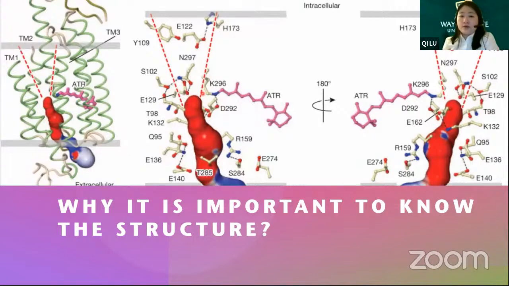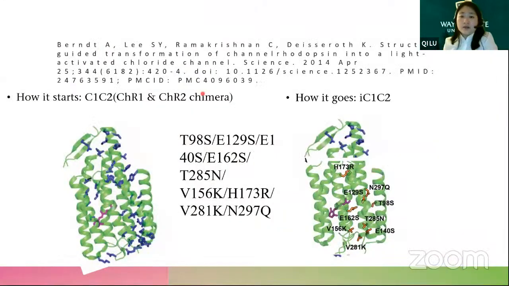Then why is it so important to know the molecular structure of channelrhodopsin? That's because if we know the details, we can change it. It's like if we know the details of a car and the car is broken, we can fix it. And if we know the blueprint of a car, then we can make it.